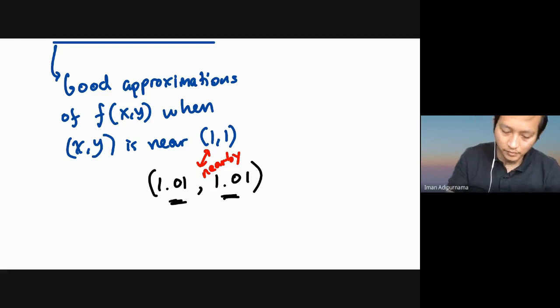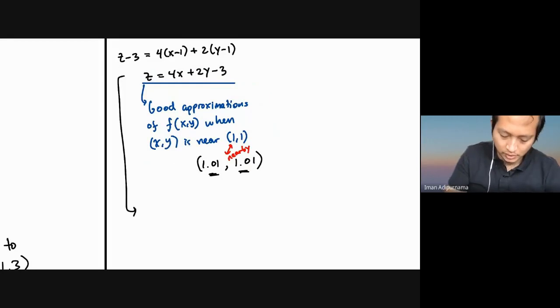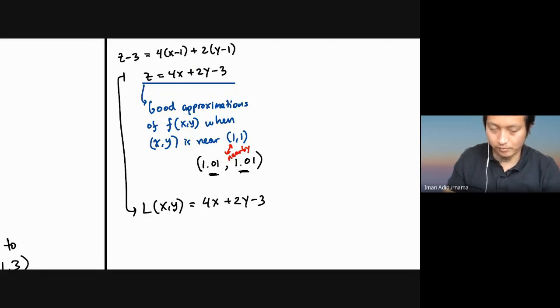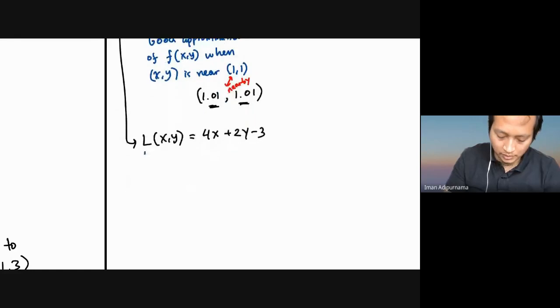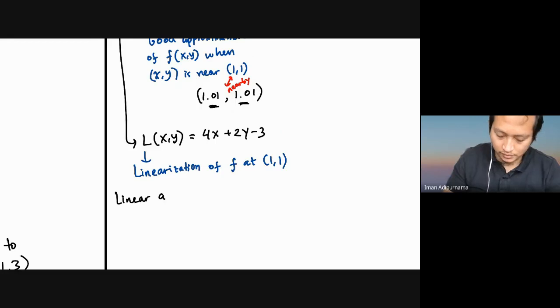Right? So we can also write this whole equation of the plane here as L. So L means this is in terms of linearization of the surface at (1, 1). So, linear approximation. Previously, you were approximating only a function of x, right?